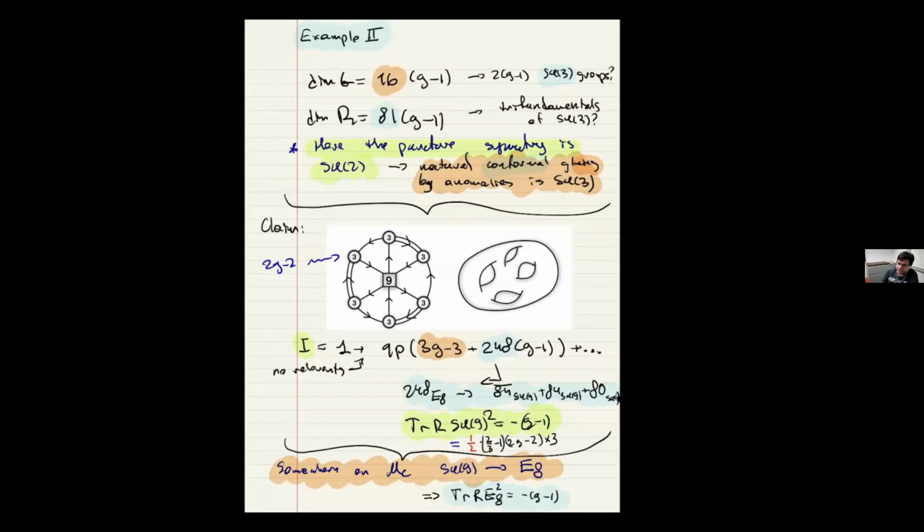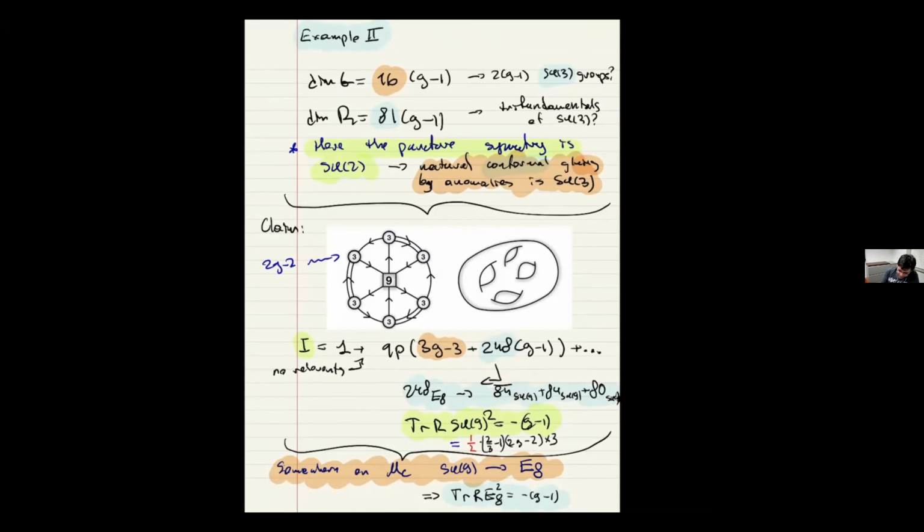SU9 is a maximal subgroup of E8, and that's how it decomposes. So again, it's exactly what we expect from the conformal manifold. 3G minus 3 plus 248 times G minus 1, where this is not just a number, it is actually a character of the adjoint of E8.